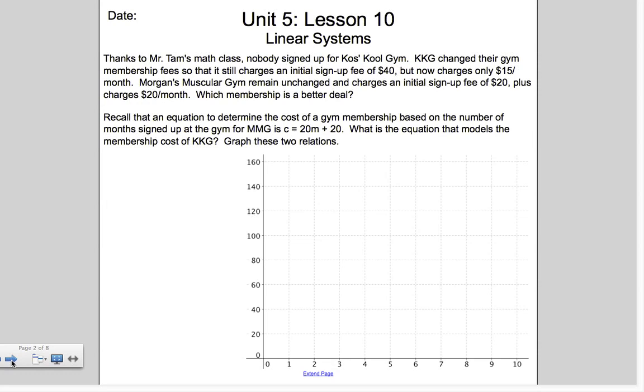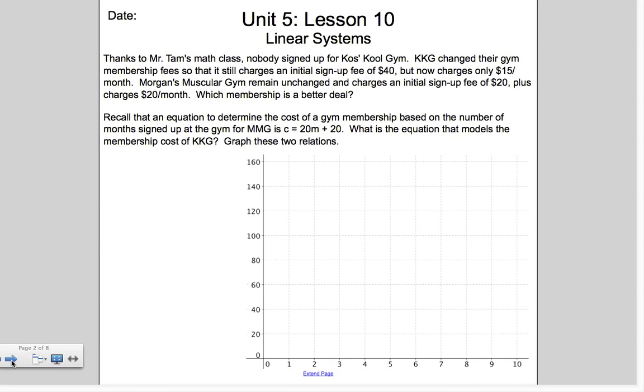Morgan's gym has lower startup costs, only $20 to sign up, but every month I'm paying $20, $5 more than Cause's gym. Well, it depends on how long you go. So now it's no longer a straightforward question, right? A lot of what ifs, what depends. So we're going to analyze this a little bit.